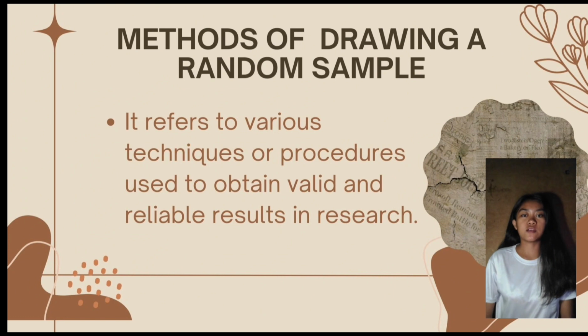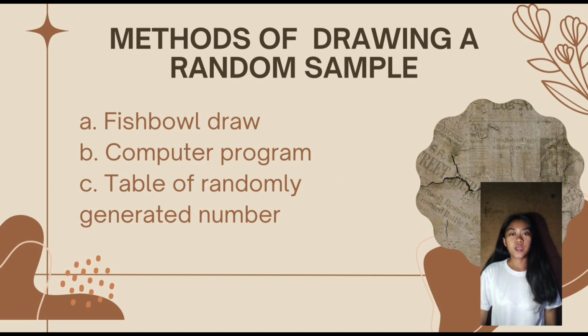Methods of drawing a random sample. It refers to the various techniques and procedures used to obtain a valid and reliable result in research. Fishbowl draw. Computer program. Table of randomly generated numbers.